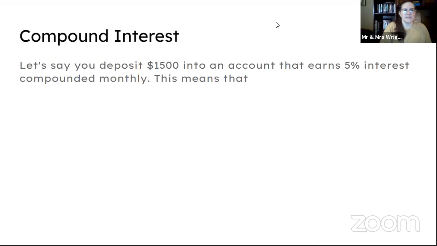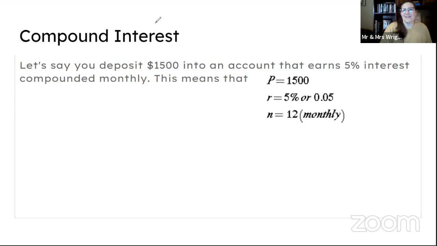All right, compound interest. Let's say you deposit $1,500 into an account that earns 5% interest annually, compounded monthly, an annual interest rate of 5%. It does not say annual interest rate, but all interest on bank accounts are annual interest rates. And it's compounded monthly. P is 1,500.